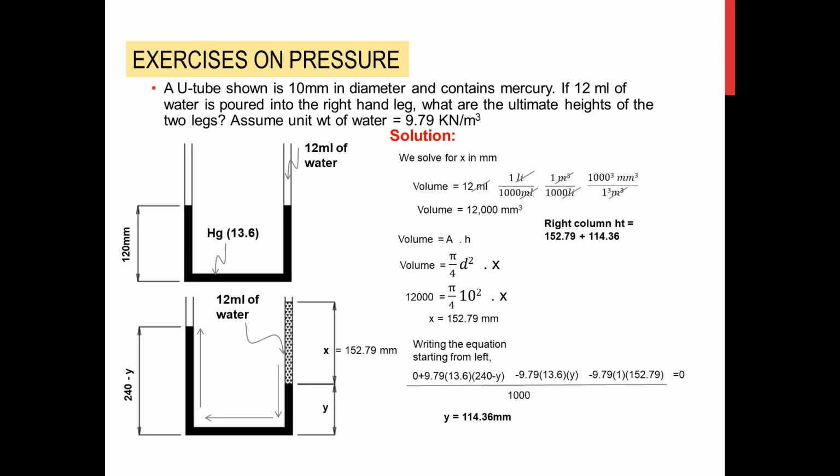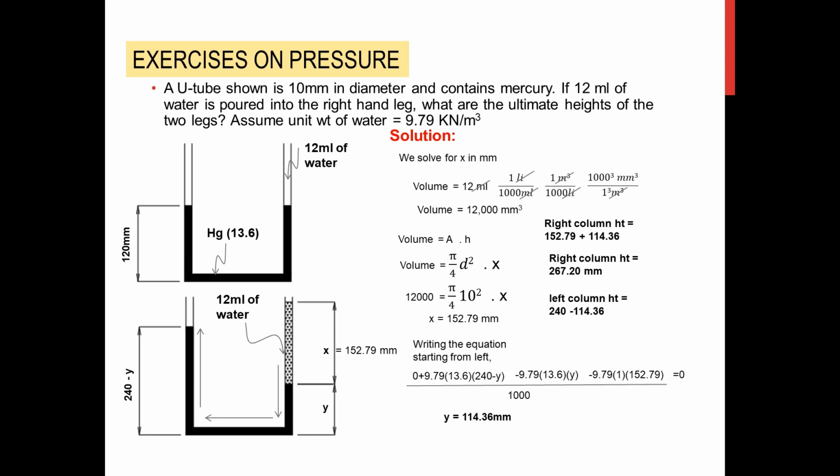Knowing y, we can now derive the right column height, that is x plus y, or 152.79 plus 114.36. So that would sum to 267.2 millimeters.